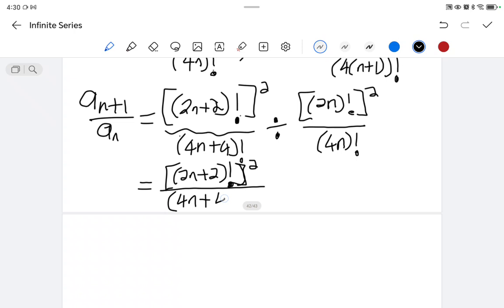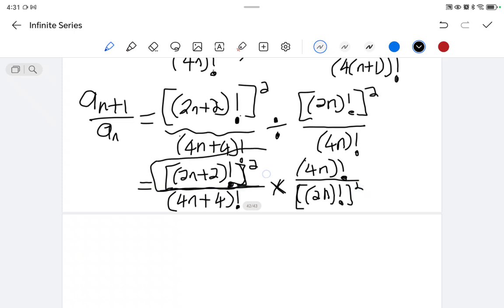The second thing to do is to change this division to multiplication. Then that tells me what I need to do: I need to cancel everything that is a factorial. So I need to cancel (2n)! squared with its like terms, since those look alike.